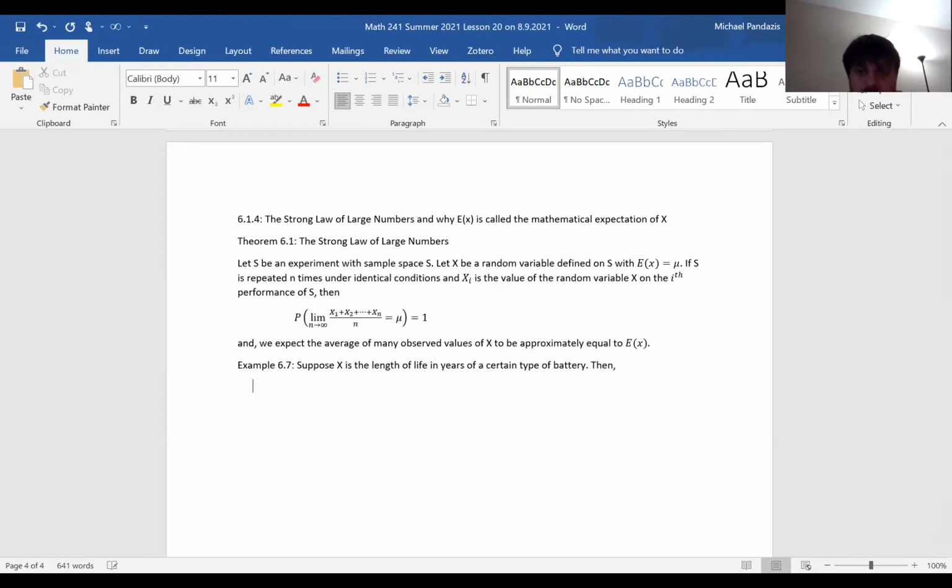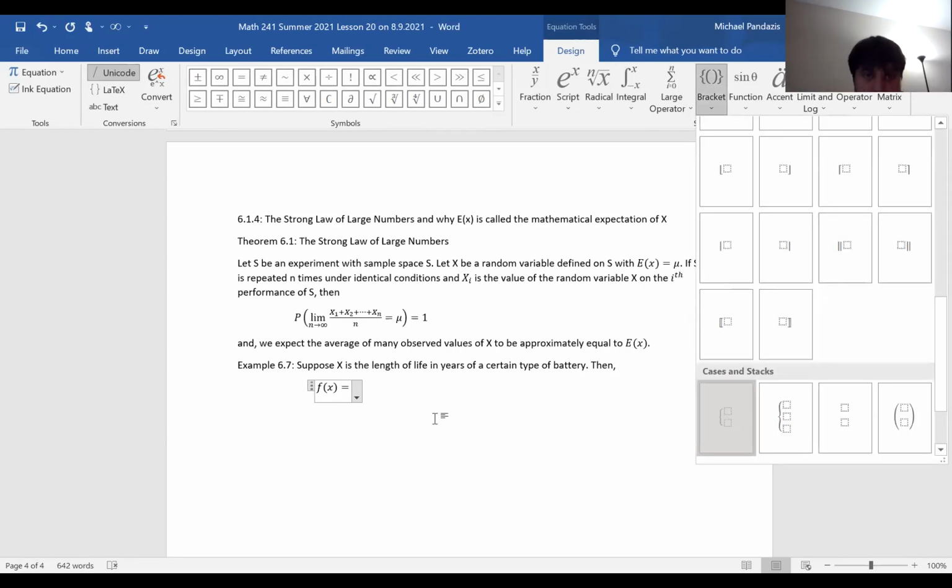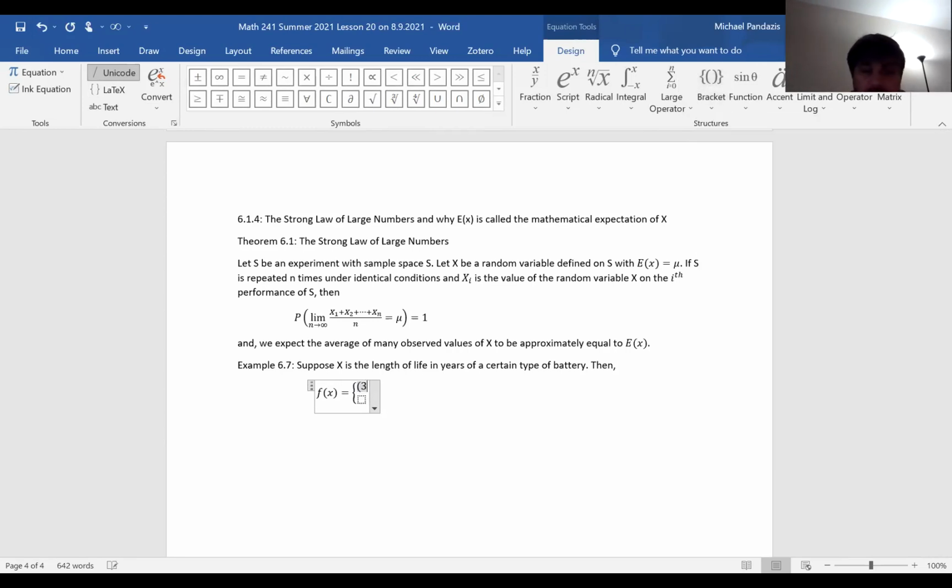Then little f of x is equal to three-fourths times 2x minus x squared for 0 less than x less than 2, and 0 elsewhere.